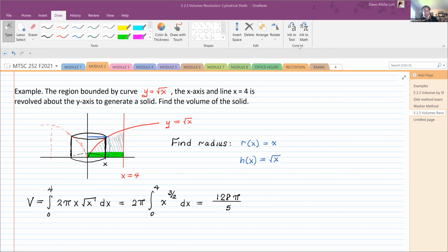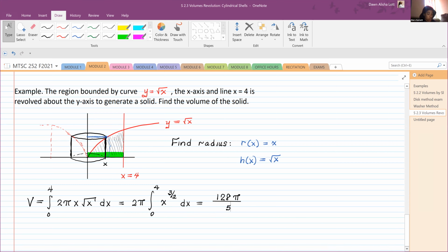I have a question, Professor. Yes. So, could you show how you got, well, I know how you had to isolate 2 pi, but you got x to the 3/2. Now I understand the exponent would be a fraction because of the square root, but where did the 3/2 come from?